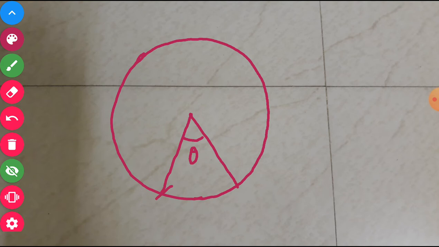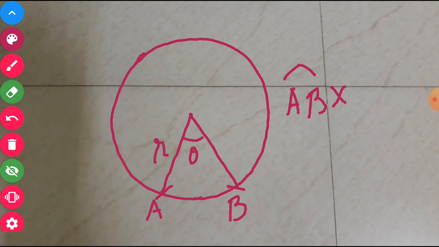Then the length of arc, say I give the name AB, length of arc AB, where the radius is R, is equal to radius multiplied by theta.